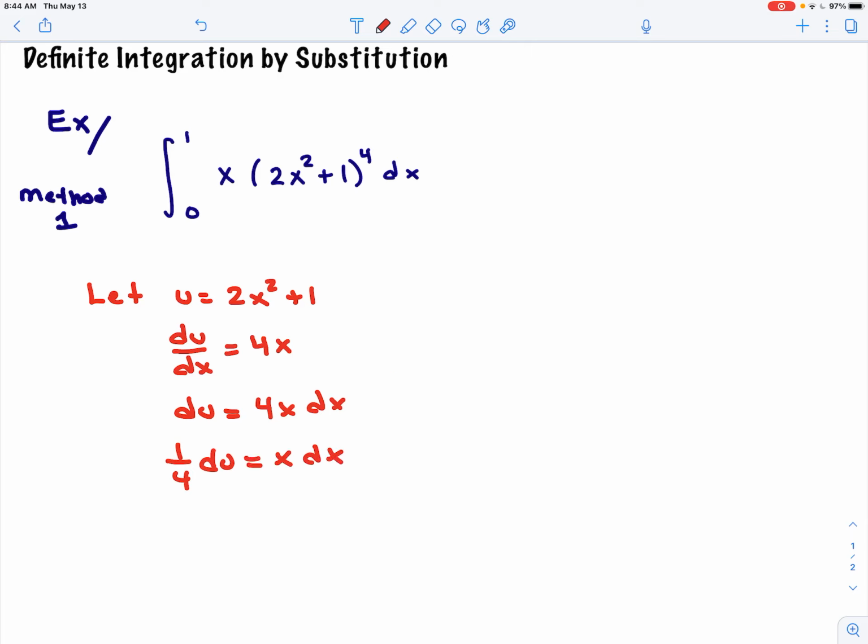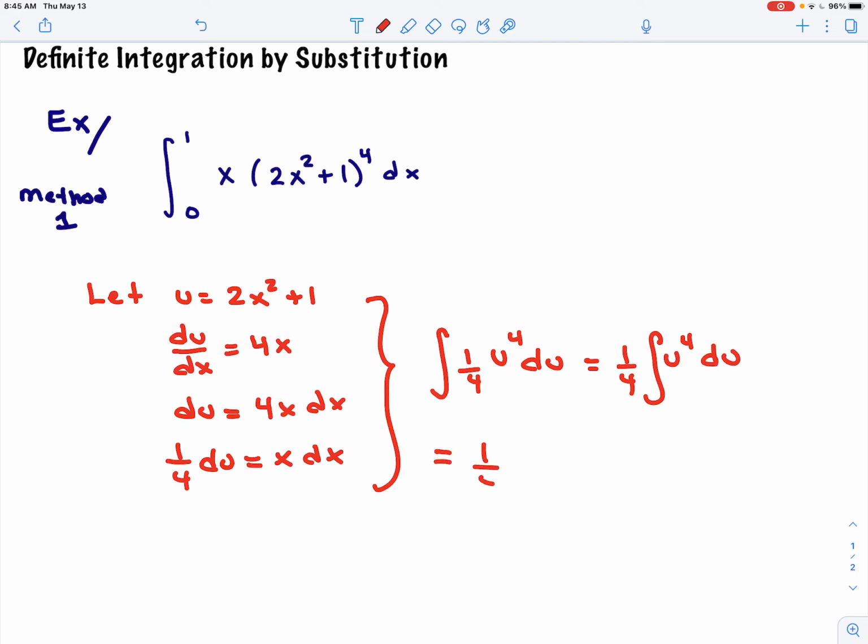So now I'm ready for the substitution part, and I'm ignoring the fact that it's a definite integral for this part, and that is going to give me 1/4 u to the 4 du, which is equal to 1/4 u to the 5 over 5 plus c, which is u to the 5 over 20 plus c.